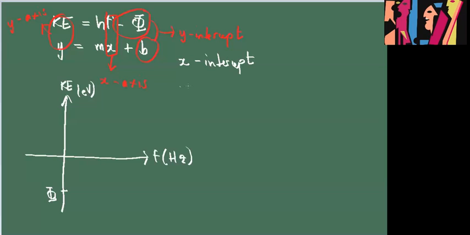X-intercept. So if I have KE is hf minus the work function, I'm going to set KE to 0. Set KE equal to 0. So force that to happen. What's going to happen now is hf is equal to the work function. But if you remember, the work function is also an energy, so we can express that also in terms of an hf.